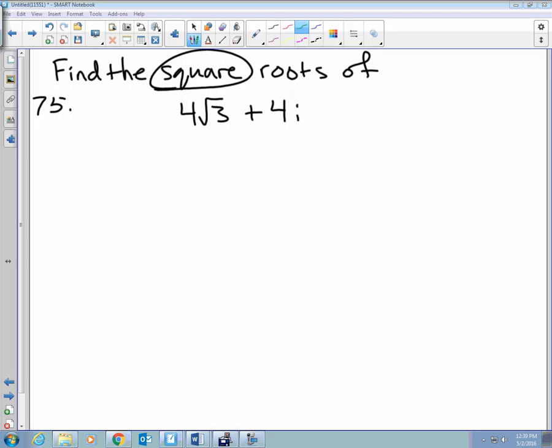First things first is to place this into trigonometric form. I find r, and what else? Theta. How do I find r? Square it up.